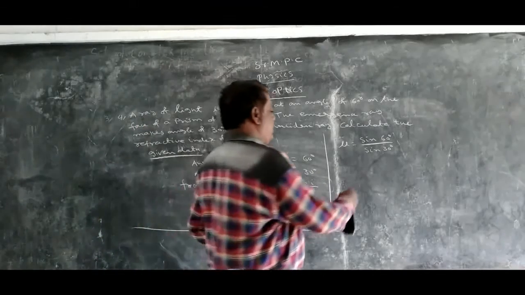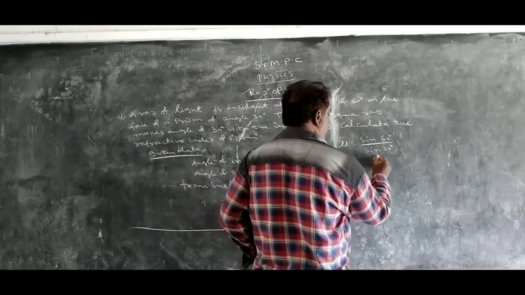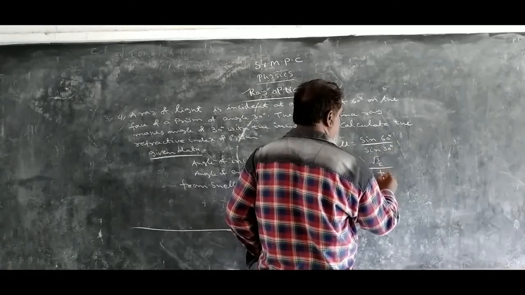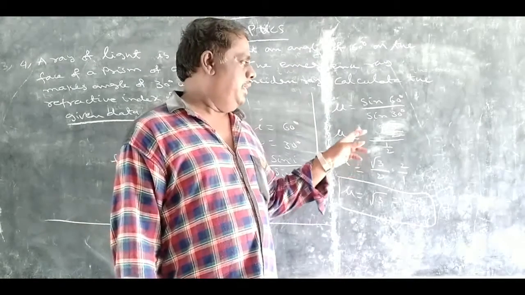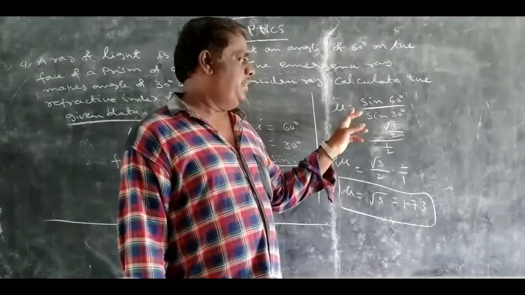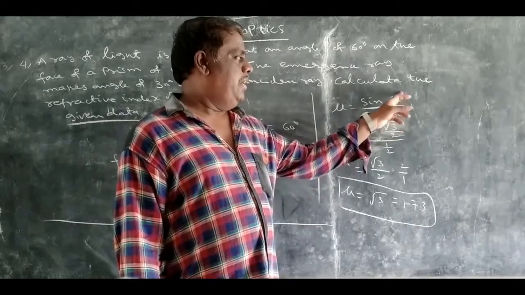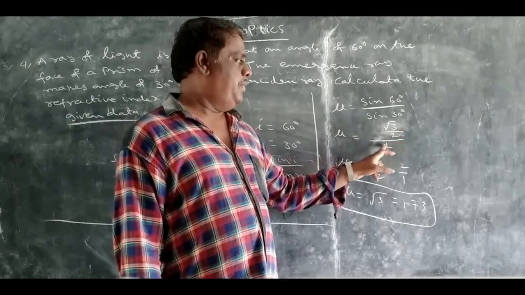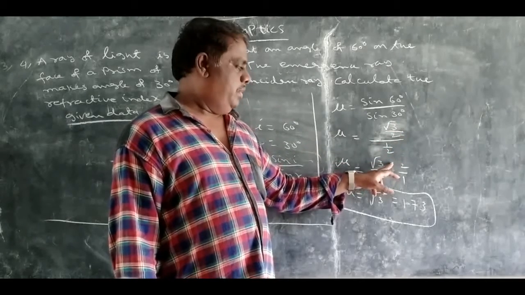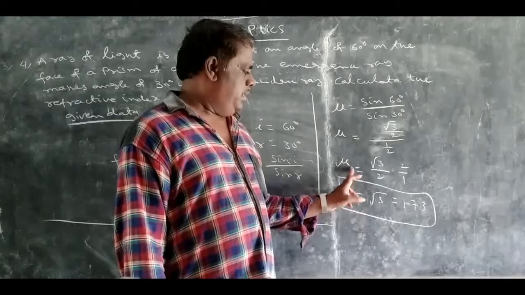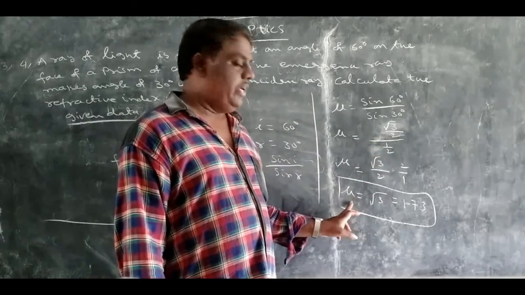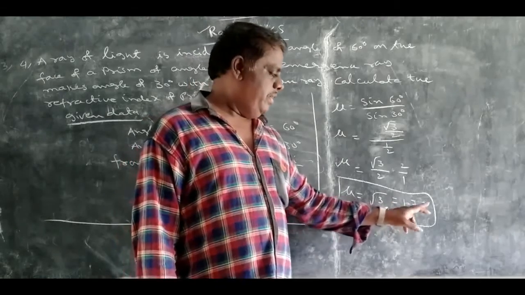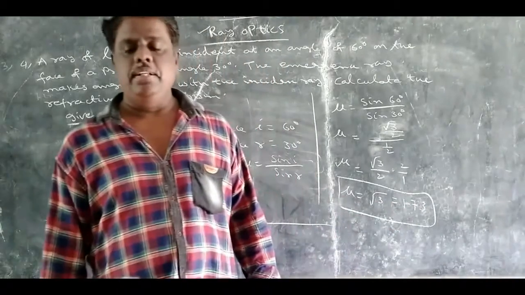Sin 60 will be equal to root 3 by 2. Sin 30 will be half. So after solving this, you get refractive index value mu is equal to root 3. The value will be equal to 1.732.